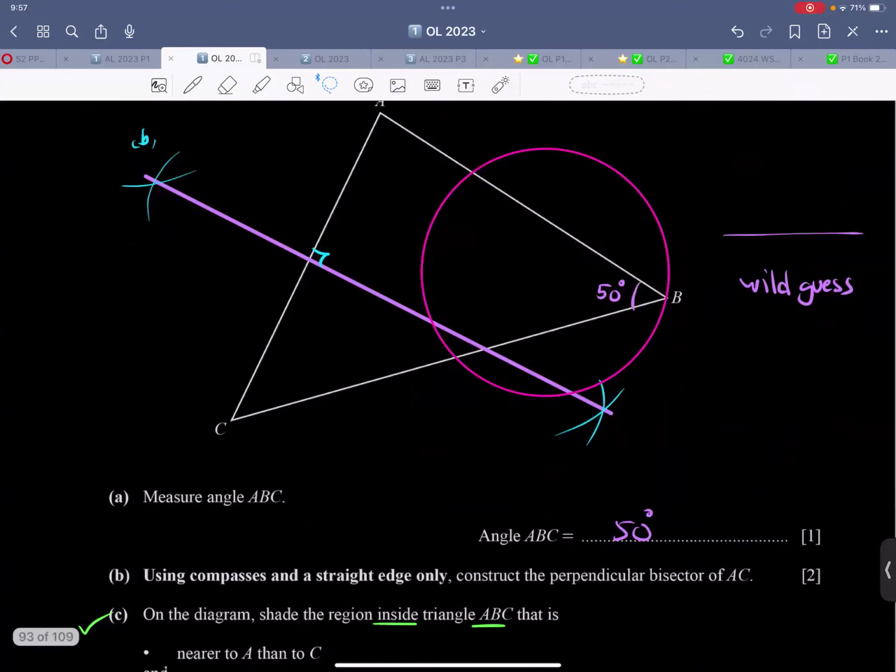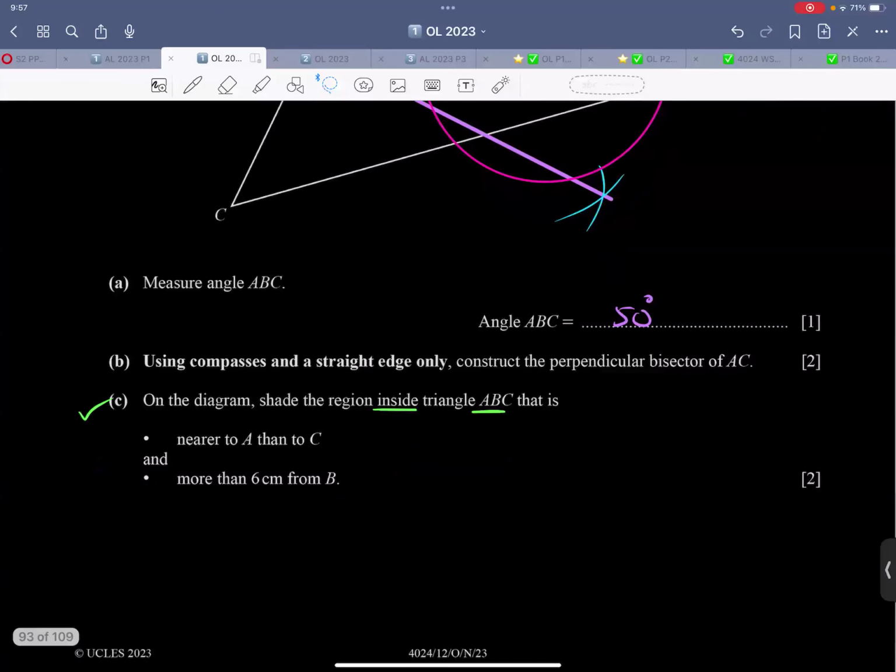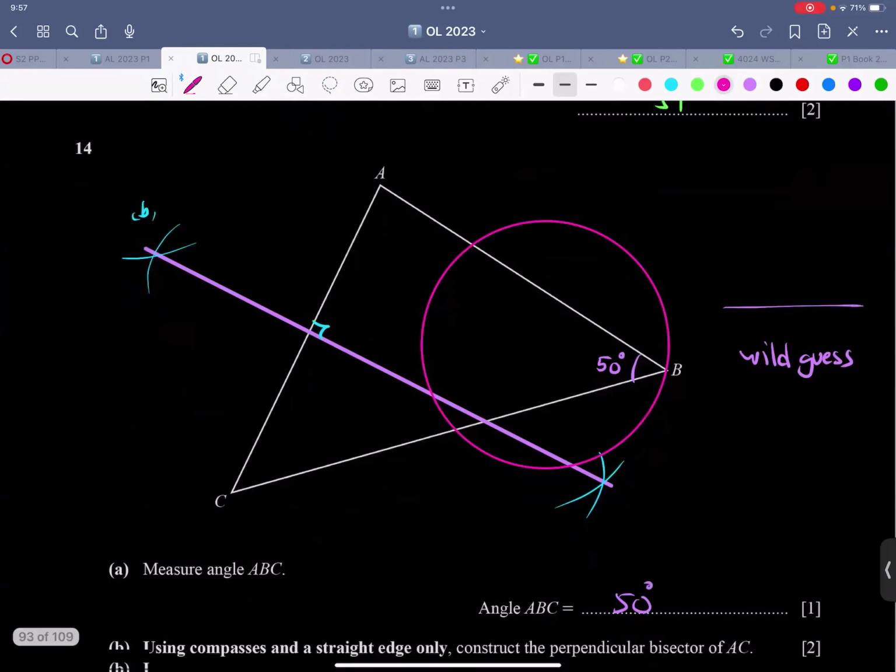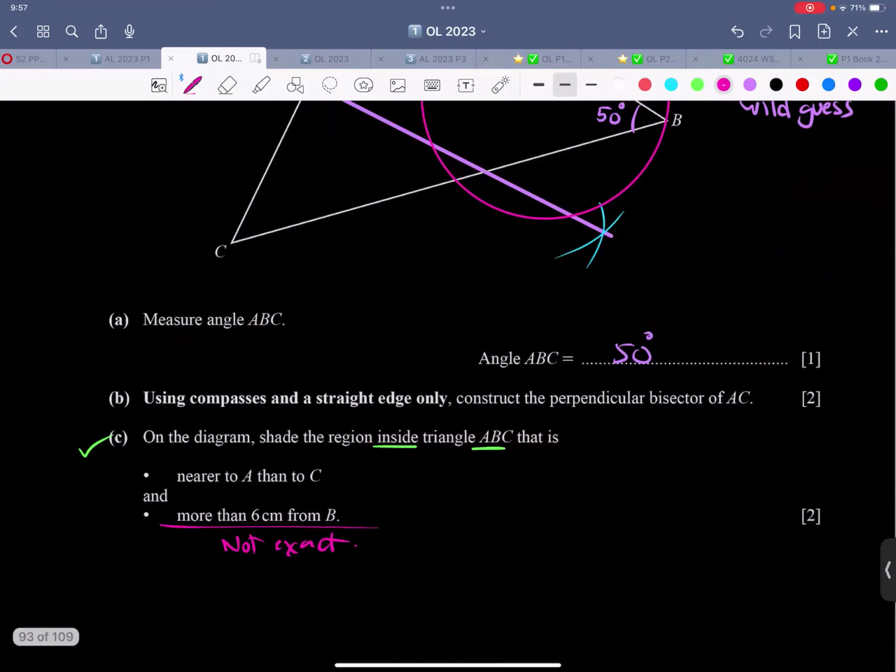Again, this is a rough circle. So this is not exact. This is just a diagram. So now it should be more than 6 centimeter.